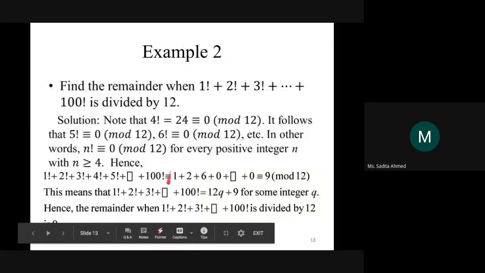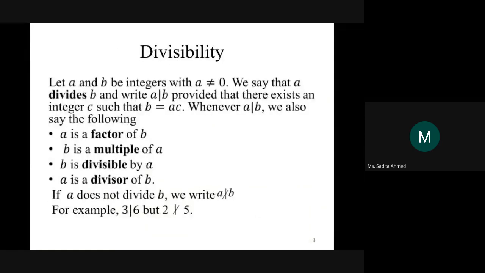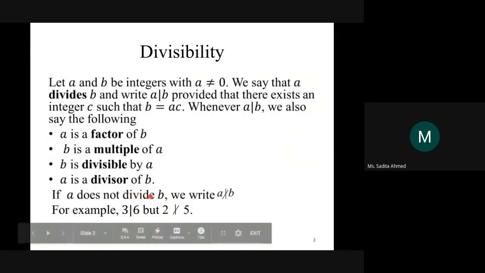All right. So if the factorial summation minus 9 is divisible by 12, then let's go back to the very basic of divisibility. If A divides B, what does it mean?